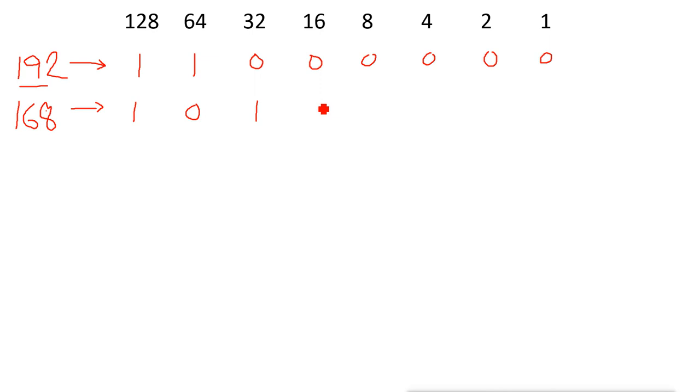Then 160 plus 16 would be more than 168, so that is not on. And 160 plus 8 becomes 168, so this is on. Then the rest of the bits are off. So we can say that this is the binary version and this is the decimal version.